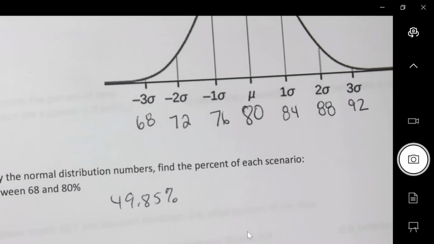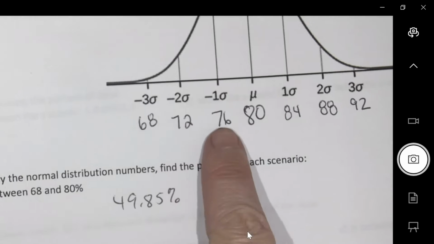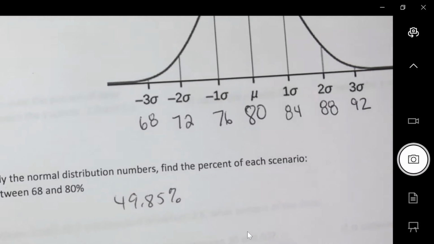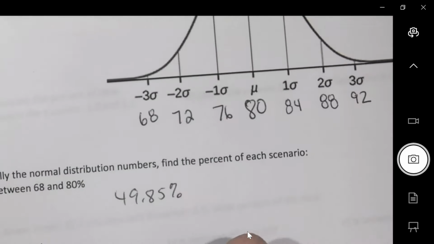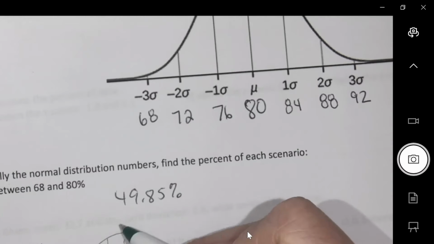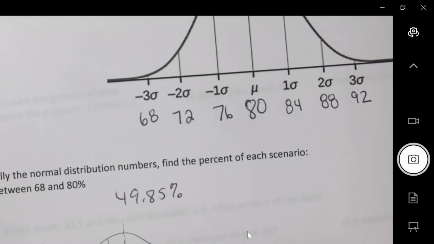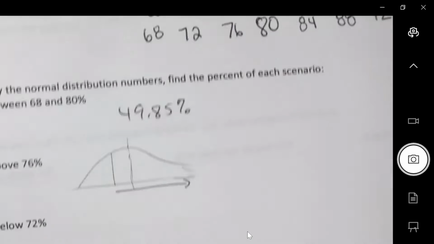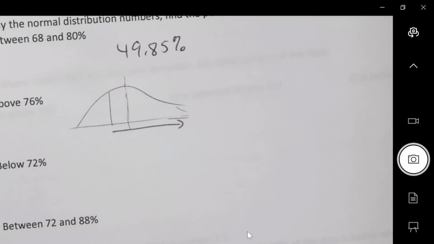Okay, above 76, so 76 is at the -1, and everything above it. So I'm going to have to do a little bit of math here.